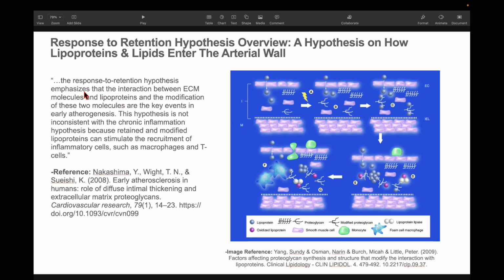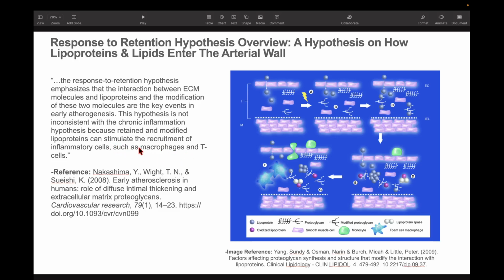So the quote we have here says, "The response to retention hypothesis emphasizes that the interaction between the extracellular matrix molecules and lipoproteins and the modification of these two molecules are the key events in early atherogenesis. This hypothesis is not inconsistent with the chronic inflammation hypothesis, because retained and modified lipoproteins can stimulate the recruitment of inflammatory cells such as macrophages and T cells."